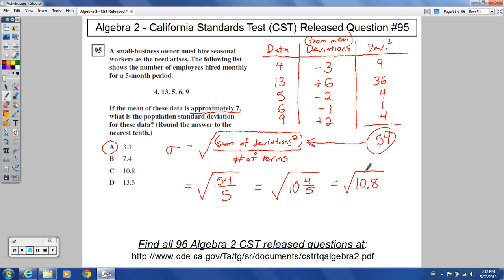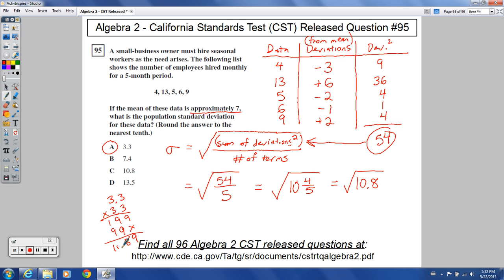If you take the square root of this number, what number times itself, in other words, is going to come close to 10.8? If we do the math on that real quick, 3.3 times 3.3, we'd have a 9 and a 9. You'd have a 0 or an x there, and then another 9 and a 9. Putting those things together, you'd have a 9, and this would be 18.